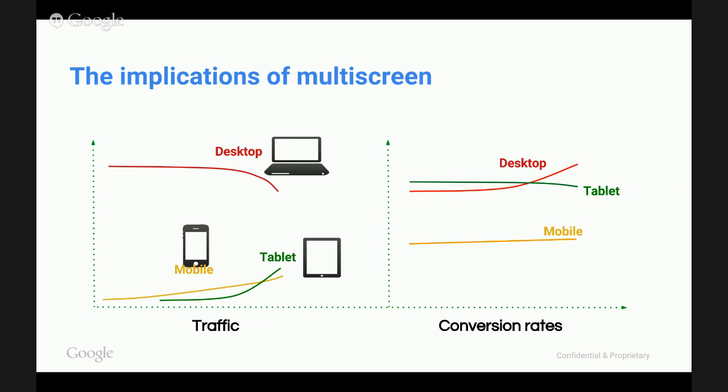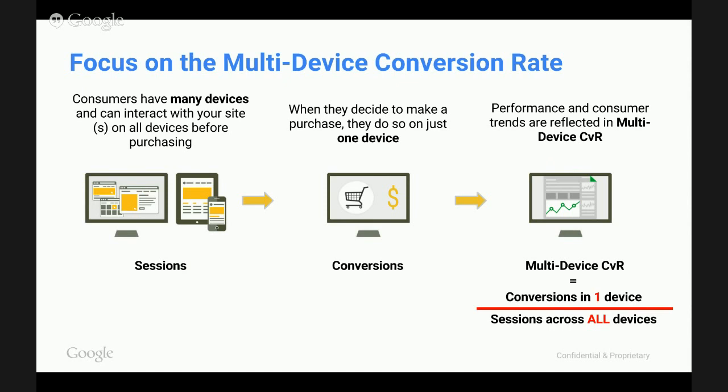So please keep in mind that there is a research phase that your user does. If you only look at the desktop conversion, you may think, oh, this is amazing, my user converts at the first session, and this is not actually true. So I would like you to think more about the multi-screen process and about the metric, which is multi-device conversion rate.